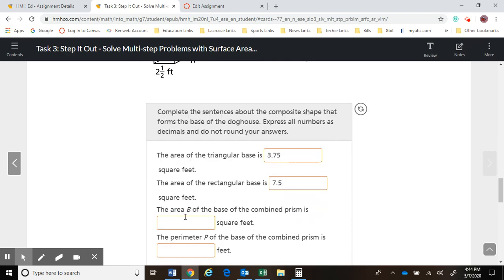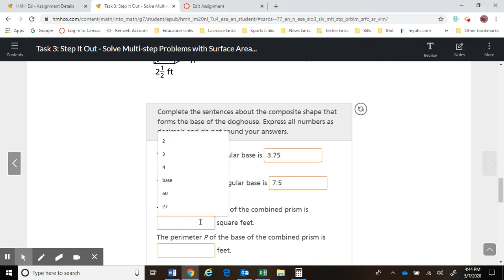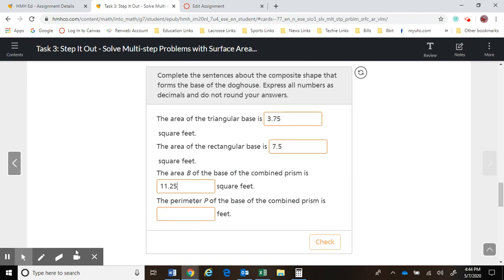The area of the base of the combined prism, of course, I'm going to add these two together. 3.75 plus 7.5, and that gives me 11.25, right? So that's the area of the base there.